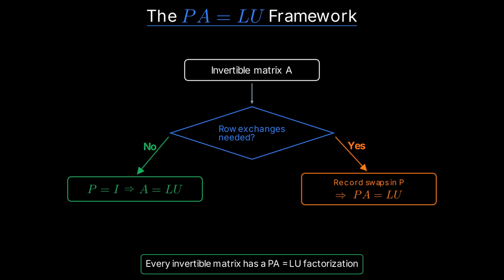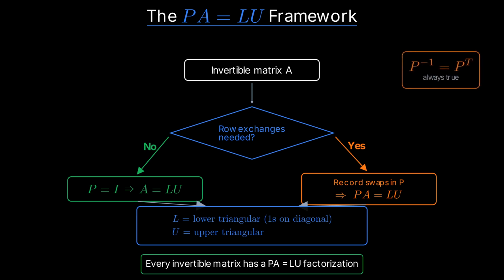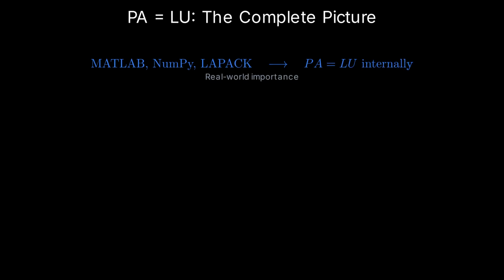PA equals LU is the universal factorization that works for every invertible matrix. In both cases, L is lower triangular with ones on the diagonal, and U is upper triangular. Also remember that for any permutation matrix, P inverse equals P transpose. This is always true. Every serious numerical library, MATLAB, NumPy, LAPACK, uses PA equals LU internally.